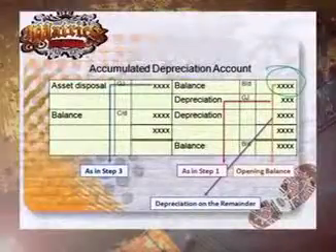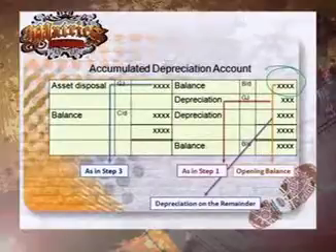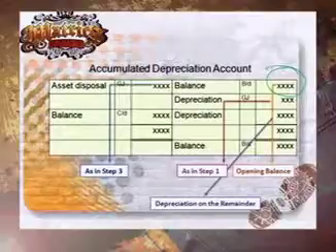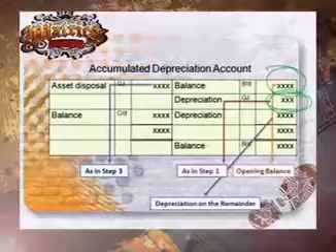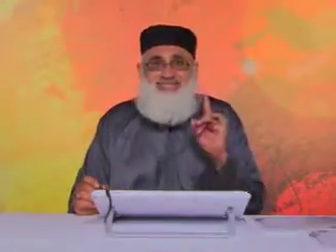Then, watch this account closely, please, so that you know exactly what's going on. Watch, this depreciation here is your depreciation of the vehicle that you are selling. Do you remember in step number 1, you calculated depreciation? Yes, that's the depreciation on the vehicle that you are selling.